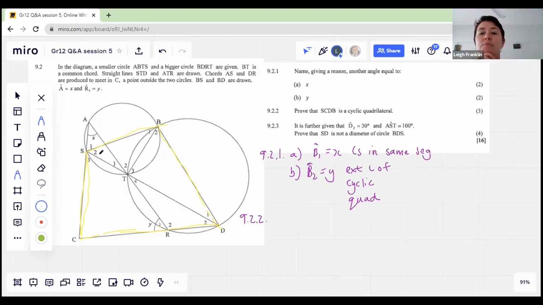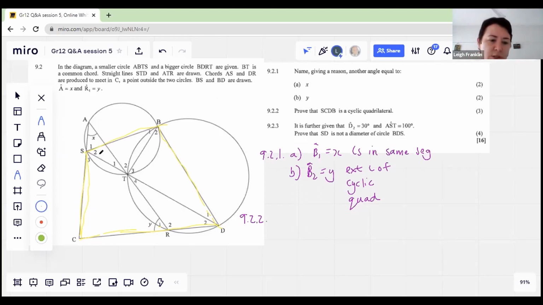I was going to say the 3 ways to prove. Okay, go for it. Tell us. Well, the first one is prove that the converse of opposite angles are supplementary. Converse angles in the same segment. And converse exterior angles of a cyclic quad. Beautiful. Okay, I couldn't have said it better.